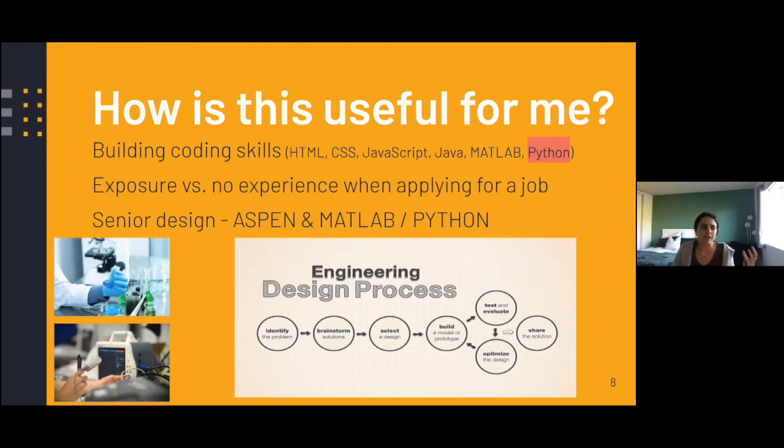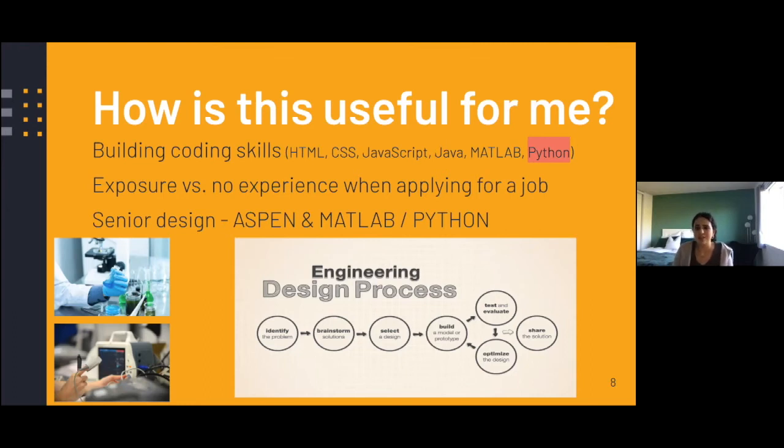I'll have a problem and I will have to come up with various solutions. In the next couple of slides, I will show you how I do this right now, this quarter in some of my classes. You take the problem and figure out each of the steps, and I can use Aspen.